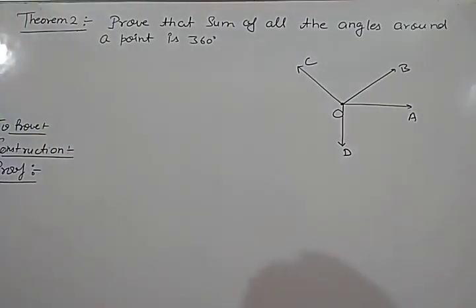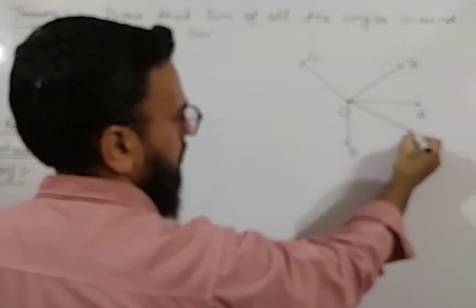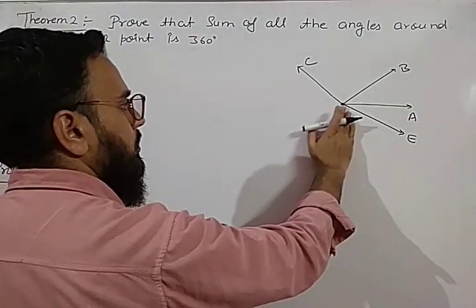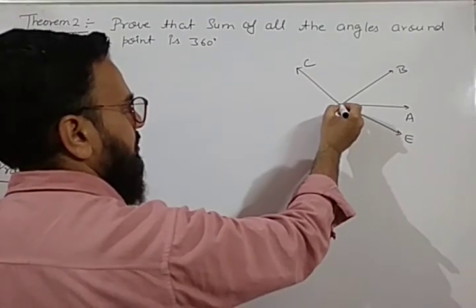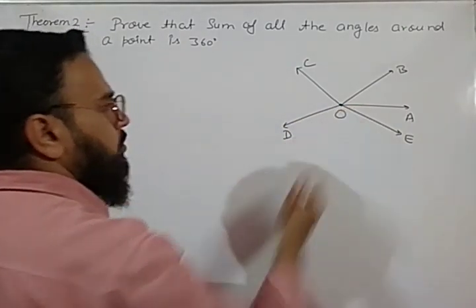Okay, in this way we have drawn these 4 rays, OA, OB, OC and OD. Let us take one more ray, OE also. Okay, in this way we have taken some rays. So this point is O.